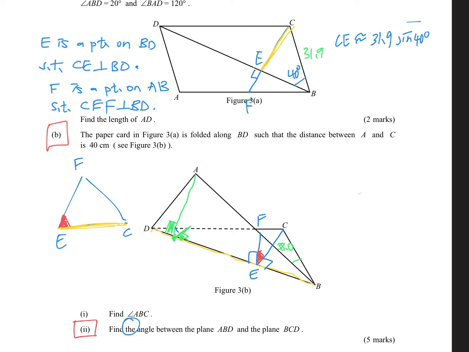It's 31.9, that's the answer from part A, right? And then times sine 40. Remember to save this answer. That would be answer C then: 20.5.